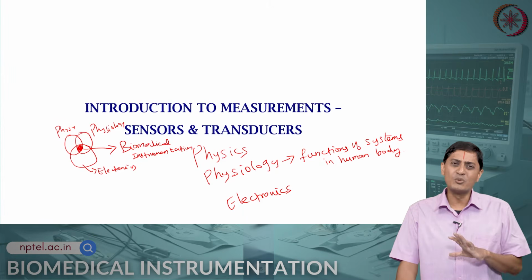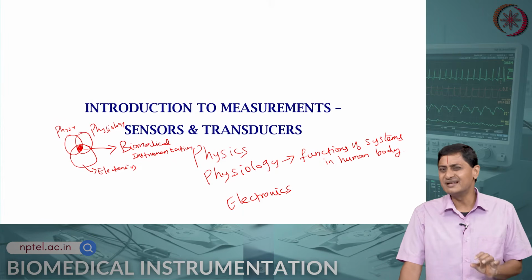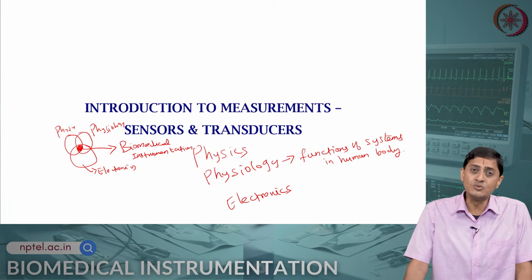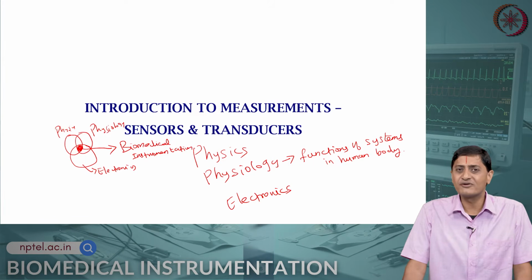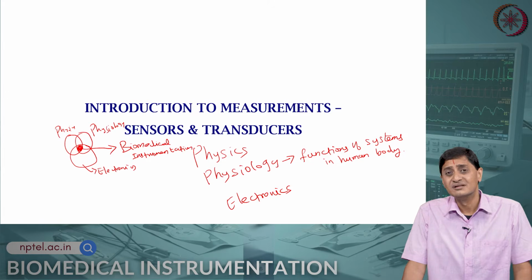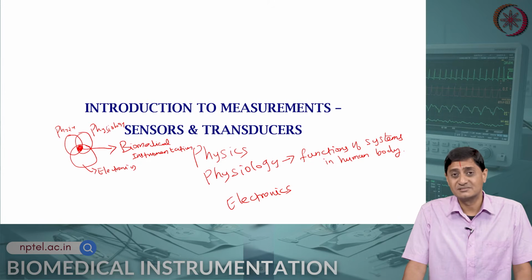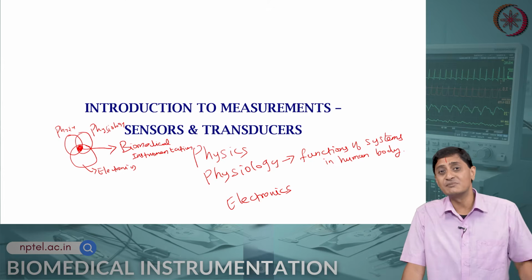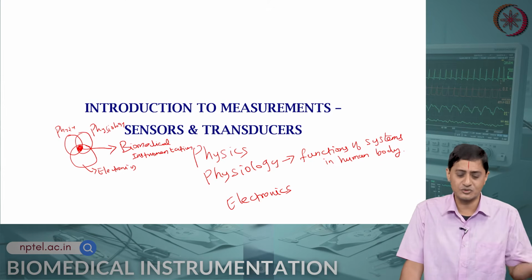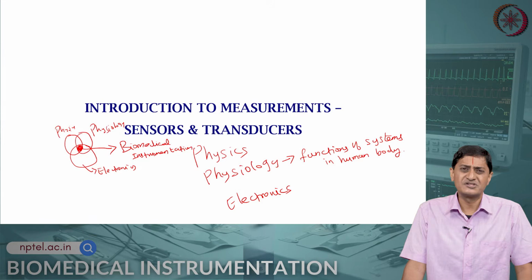The emphasis is more on the electronics and physics aspect, a little less on physiology, because this course assumes a little bit of knowledge of physiology. If we start focusing on the physiology behind the measurement system, then that will become a course by itself, physiology for engineers, a separate course. There is no time for us to focus deeply on physiology.